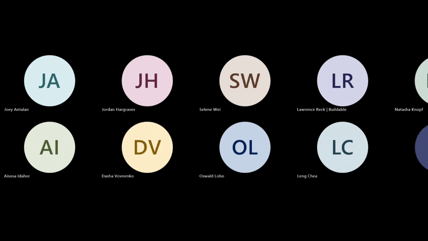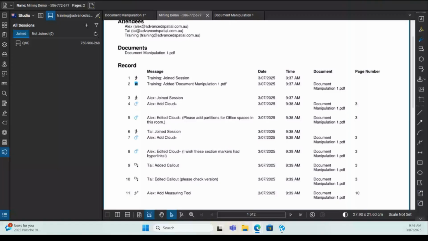If someone was to leave the studio session, let's say, for example, Ash is the host of the session, Charles is one of the users, and maybe Charles leaves the project or leaves the business.